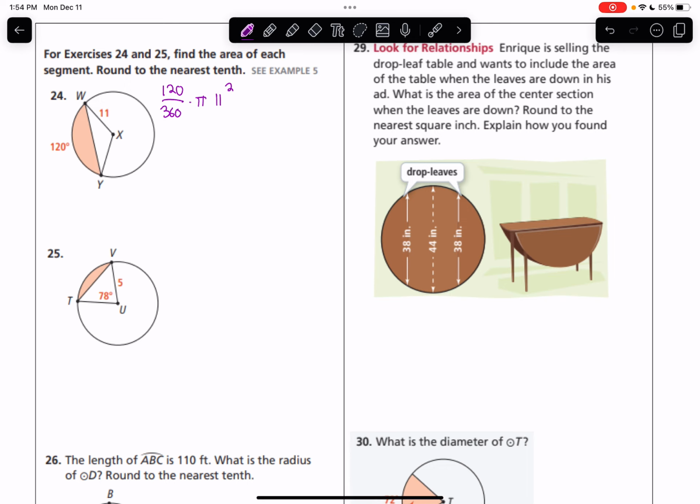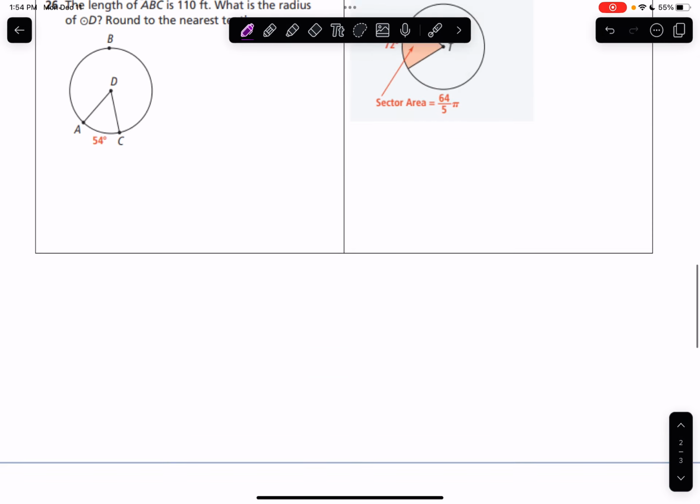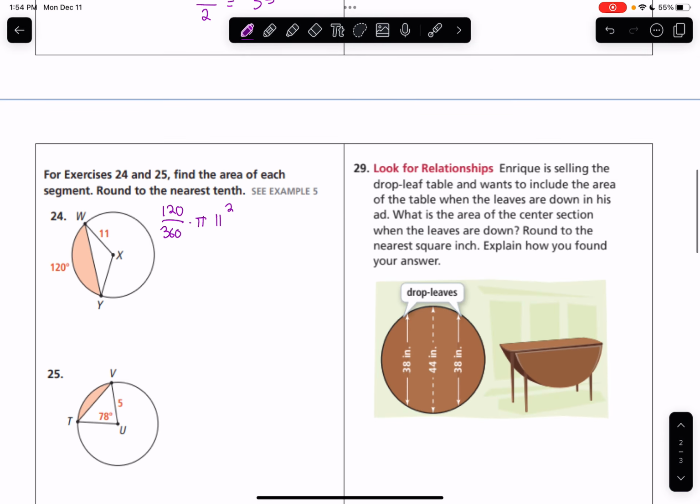And then I'm going to subtract the area of the triangle. So I need to think about how to calculate the area of the triangle. Well, I have a 120-degree arc here, which means I have a 120-degree angle. If I divide that angle in half, I actually have two 60-degree angles, which gives me two 30, 60, 90 triangles here.